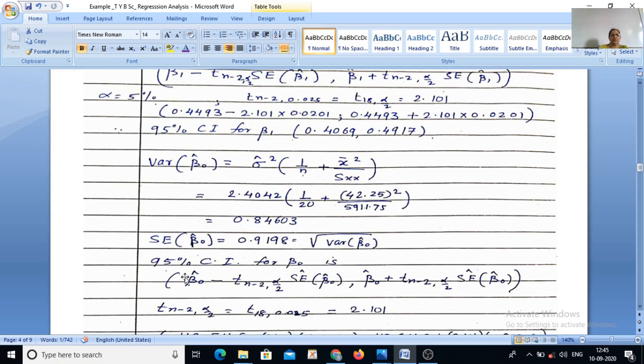Further, we can also compute the confidence interval for beta naught, that is, the value of population beta naught should lie in this particular interval with confidence 0.95, or 95% of the times. Again the value of the t statistic remains the same.